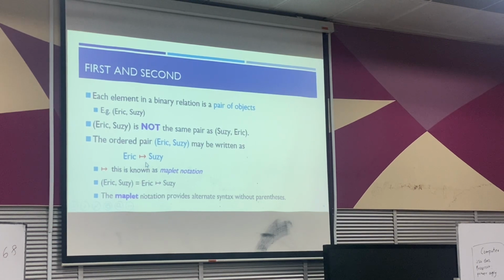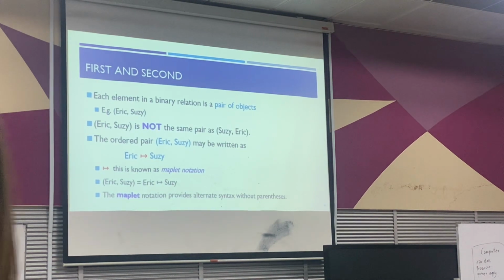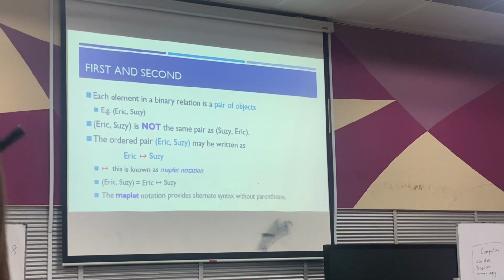When you have this here, this is first, this is second. This is the first coordinate, this is the second coordinate. So we call the symbol maplet notation. For Z schema, we are not going to use the comma anymore.